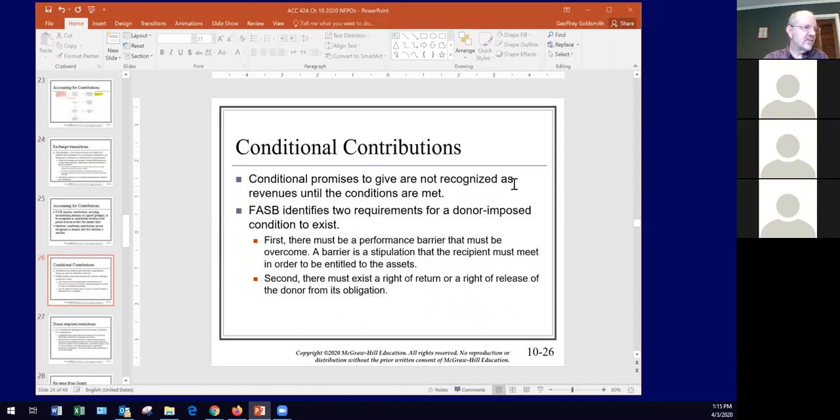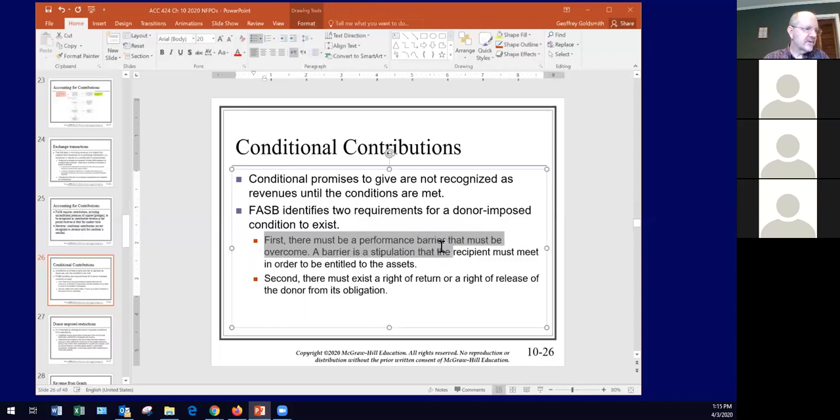Conditional promises to give are not recognized as revenues until the conditions are met. Two requirements for a donor-imposed condition. There must be a performance barrier that must be overcome, and that's a stipulation that the recipient must meet in order to be entitled to the assets.